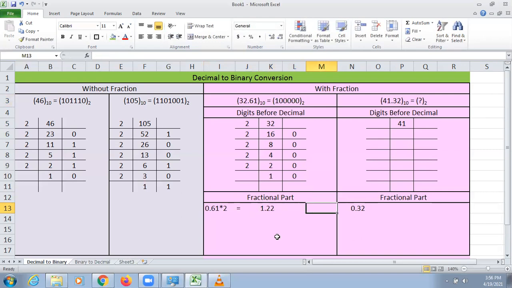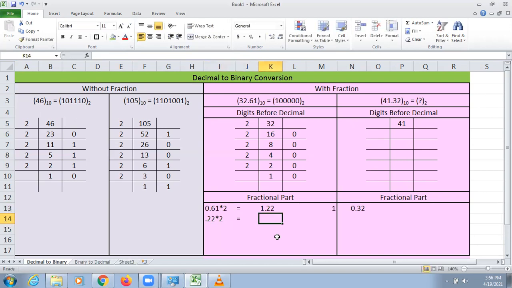Now this time you have to write 1 separately. The part which comes before the decimal you have to keep separate, and the number you get after the decimal you again multiply by 2. So 0.22 multiplied by 2 again.